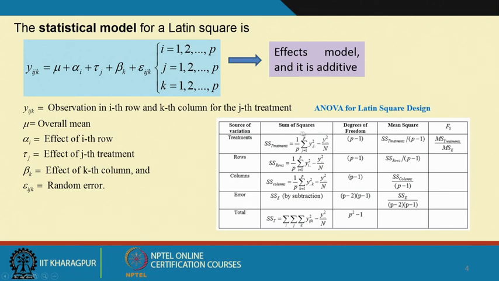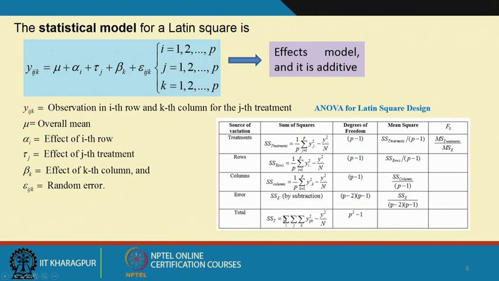SS treatment you will be computing like this, 1 by p, sum over j equal to 1 to p of y dot j dot square minus this, and its degree of freedom is p minus 1. SS row will vary, and SS column, that column factor will vary.